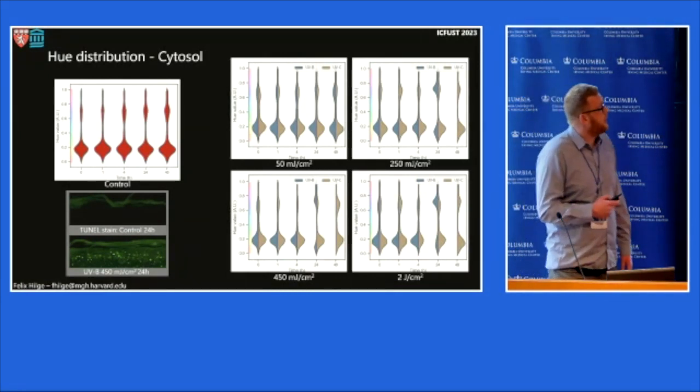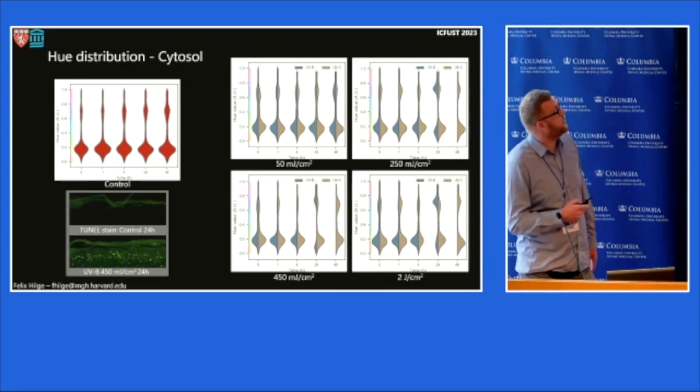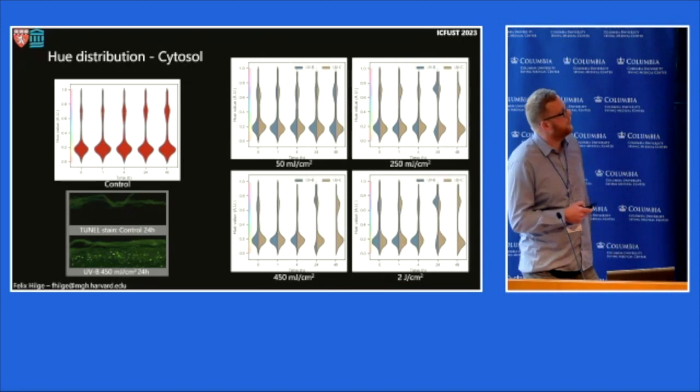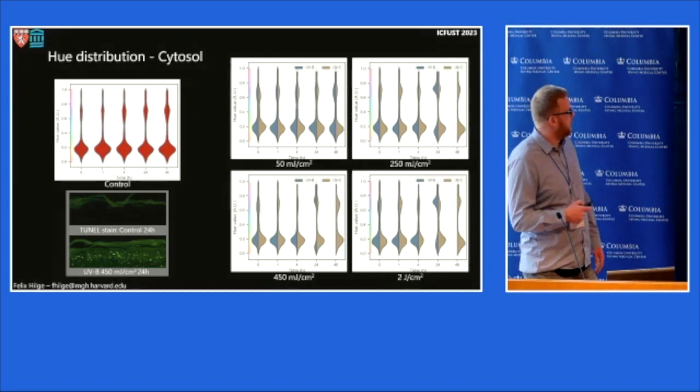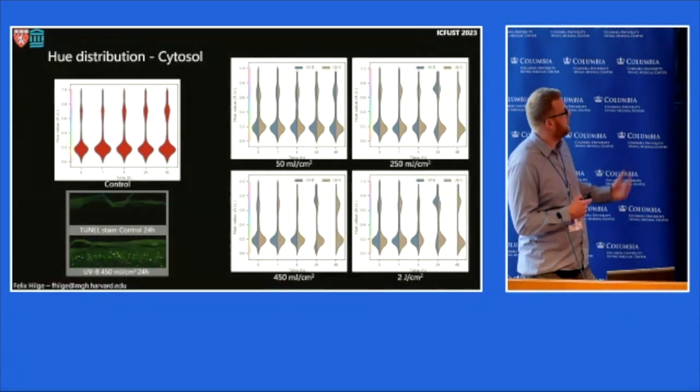That also wasn't the case after exposing the samples with 50 millijoule per centimeter squared, but with 250 millijoule per centimeter squared and upwards we see changes in the cytosol, especially after 24 hours, which is, as I said, likely caused by apoptosis, shown here with a TUNEL stain. There are lots of TUNEL positive cells 24 hours after exposure with a higher dose, and nothing there with the control.